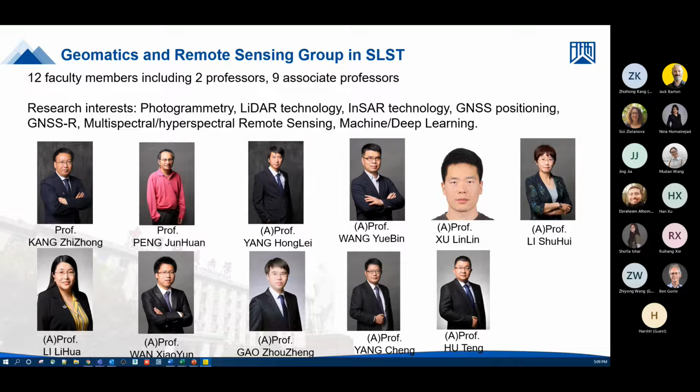We have photogrammetry, LiDAR technology, InSAR, GNSS, and also machine learning and deep learning. So we are kind of a hybrid faculty group, so we can have very interesting projects to try to improve the application of the LiDAR technology. Next.